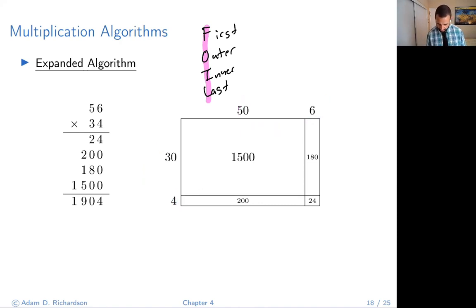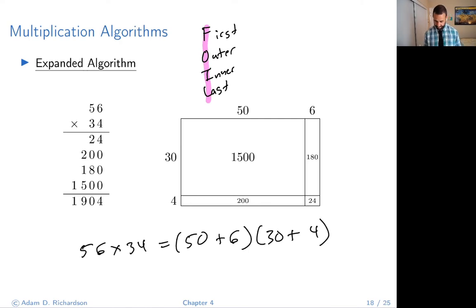One way you can compute 56 times 34 is to write it as 50 plus 6 times 30 plus 4. And the FOIL method is called that because what you do is you multiply the first terms. I'll show you right here. You multiply these terms together and you get 1,500.